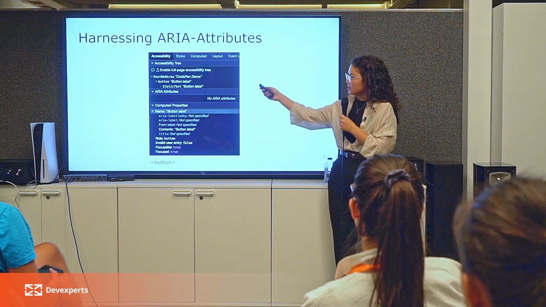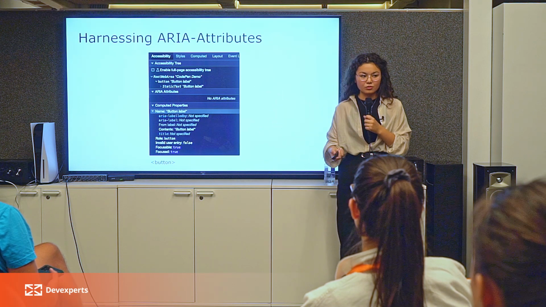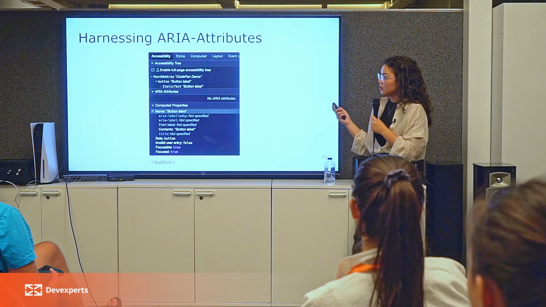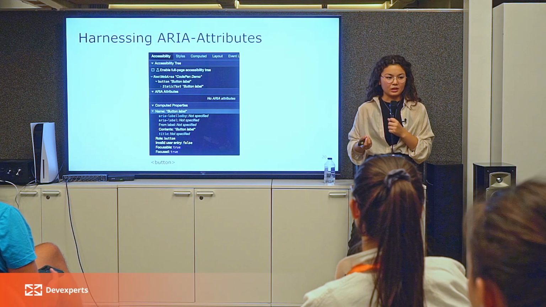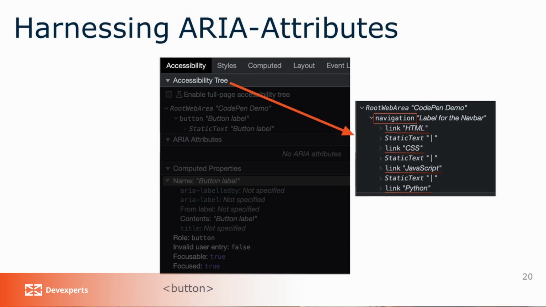And also in the accessibility tree, it will show you the element you're focusing on right now and all the directly related elements. In the case of navigation, as you can see, it will show all the related links. So it's a great thing. Please check it out when you get home.